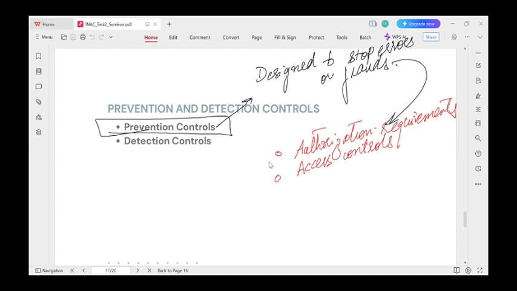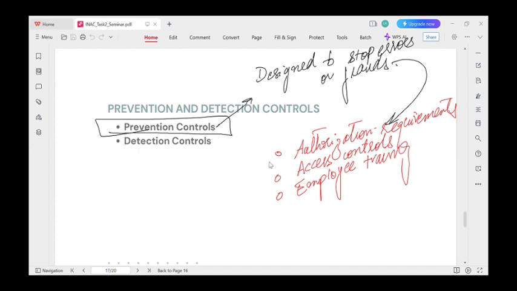Okay. All right. So what else can prevent a fraud? We talked about authorization requirements. We talked about access controls. And then we have employee training. Okay, all right. So you are given a scenario in which you have to identify whether this control is preventive or whether it's a detection tool.